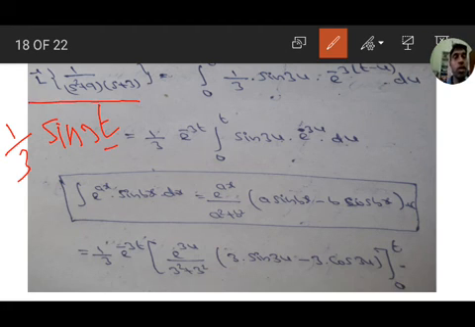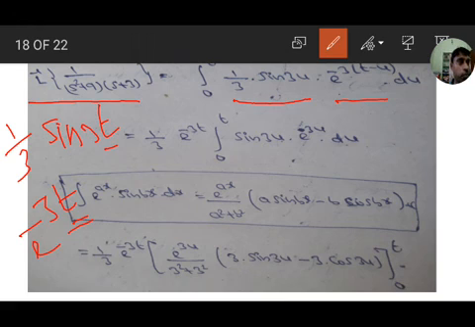Therefore L inverse of 1 by (s square plus 9)(s plus 3) equals integral from 0 to t of 1 by 3 into sin 3u, and g of t equals e to the power of minus 3t, so in the place of t replace t minus u: e to the power of minus 3 into (t minus u) du. Okay. Next.